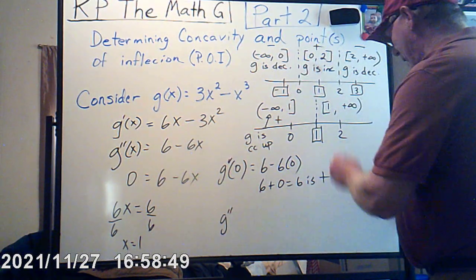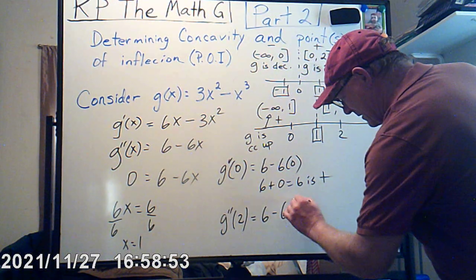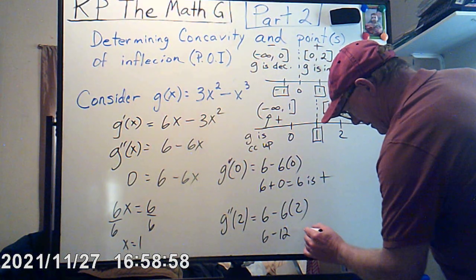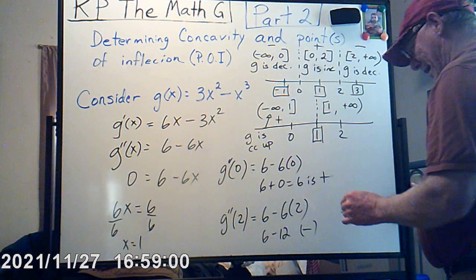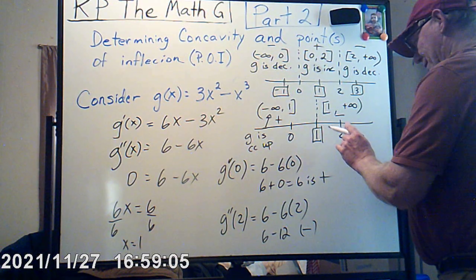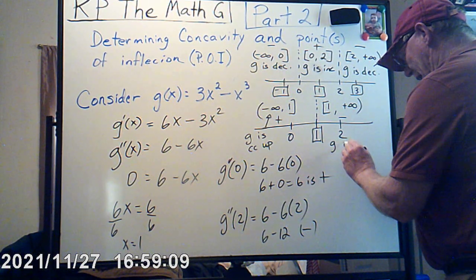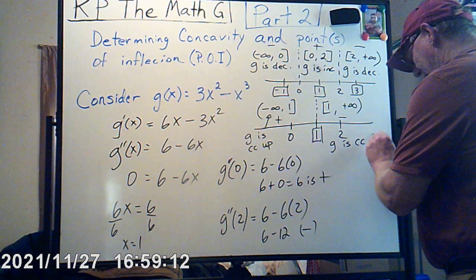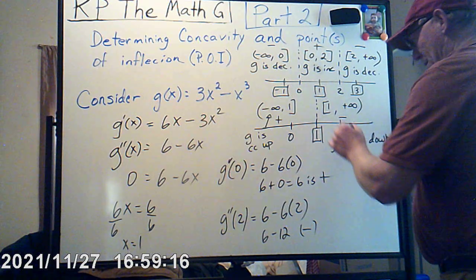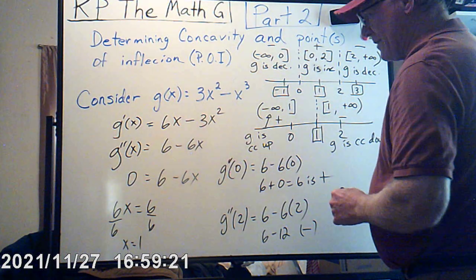G double prime at 2, we have 6 minus 6 times 2, which is 6 minus 12, which is negative. And that's what we wanted here. So G is concave down on this interval from 1 to positive infinity.